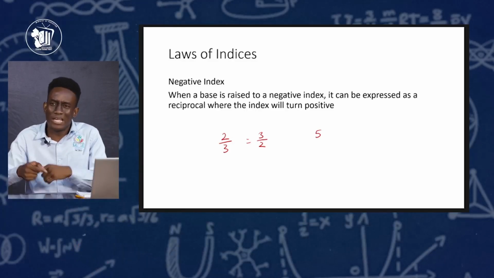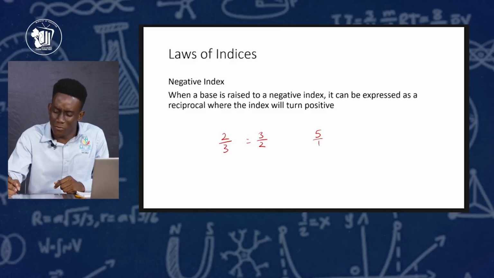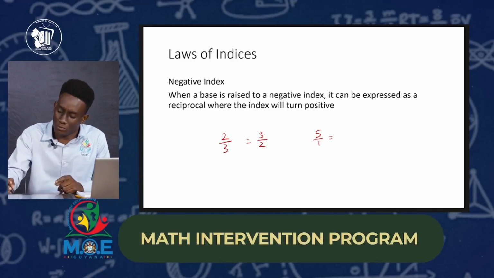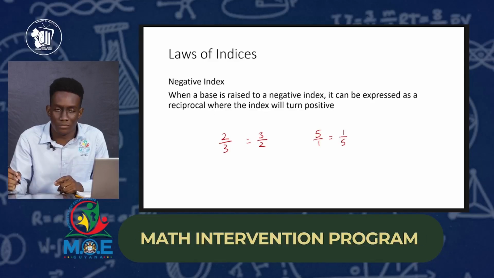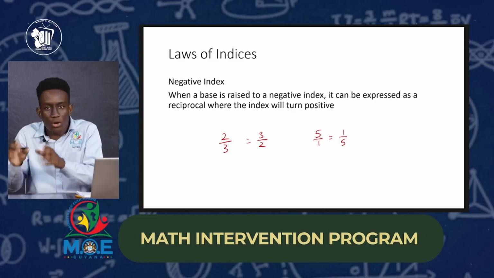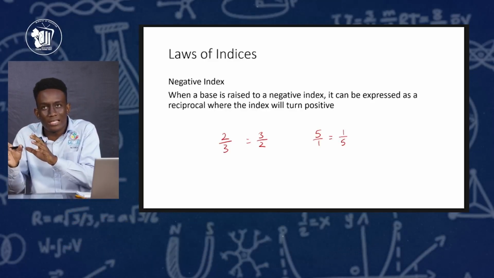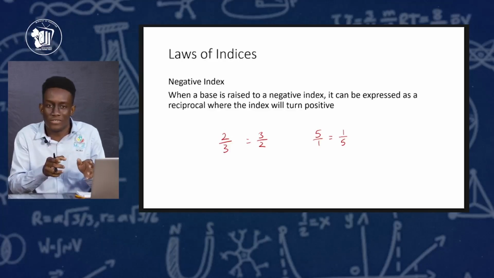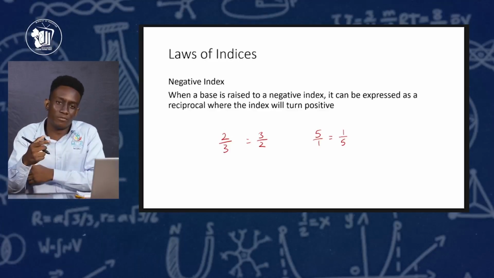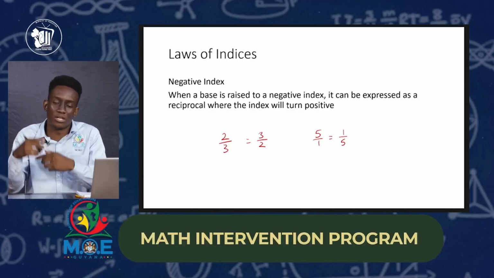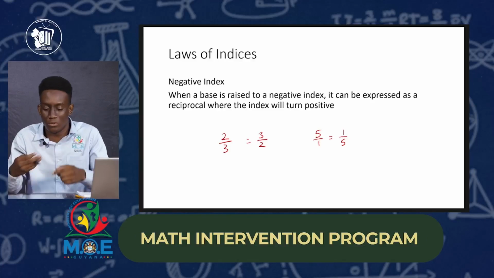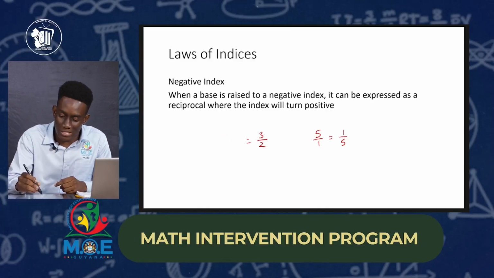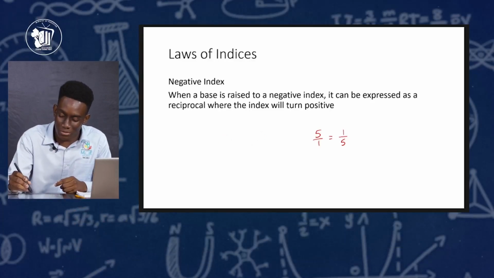Yes. We know 5 is the same as 5 over 1, so the reciprocal of 5 over 1 would be 1 over 5. So if we want to turn a negative index to a positive index, we just flip the number. Whatever's at the top will go to the bottom, whatever's at the bottom will go to the top. Let's look at some examples now that we have an idea what reciprocal means.